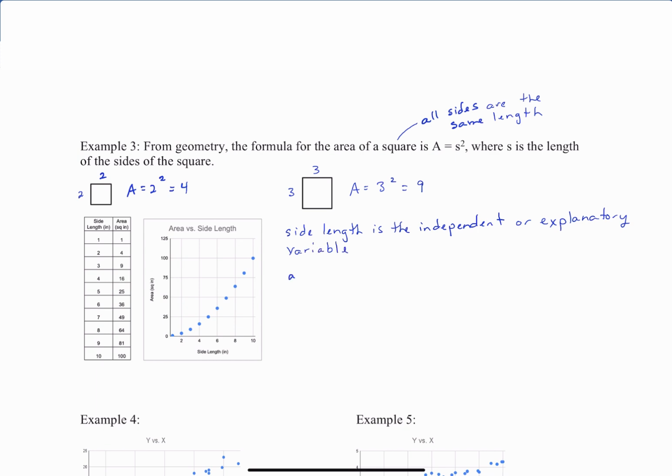Area is the dependent or response variable.